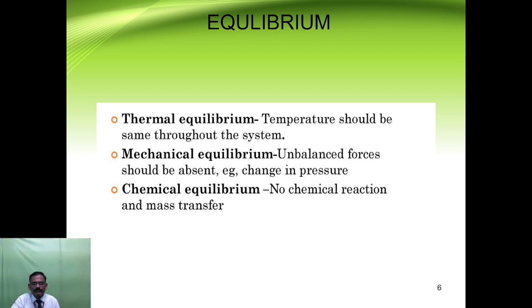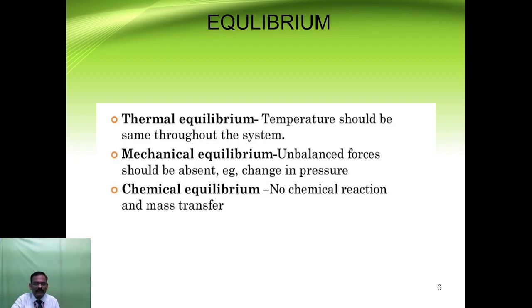Chemical equilibrium. Chemical simply means reaction. The reaction relates to chemical equilibrium. So here chemical equilibrium is where in the system no chemical reaction takes place, and also mass transfer does not take place between the system and the surrounding.